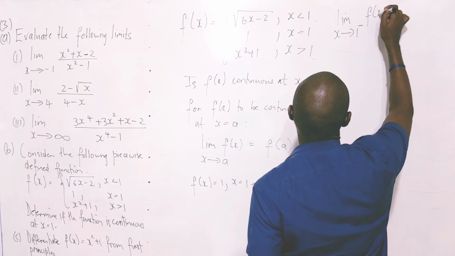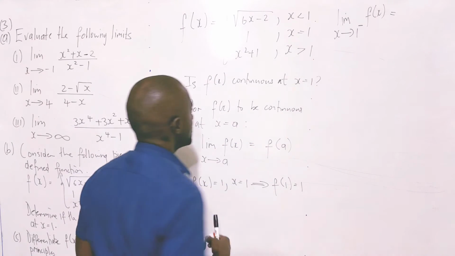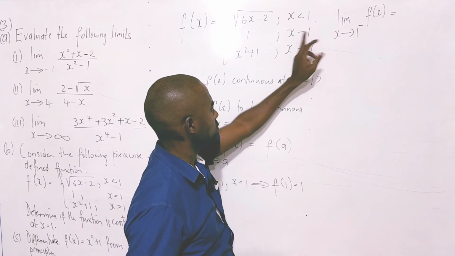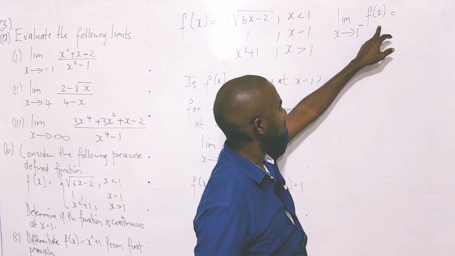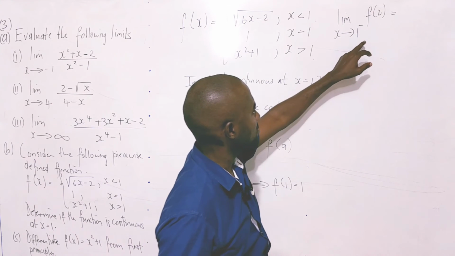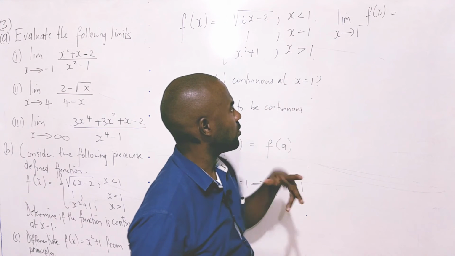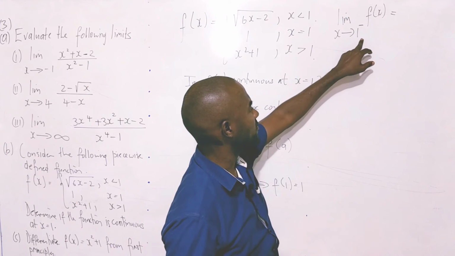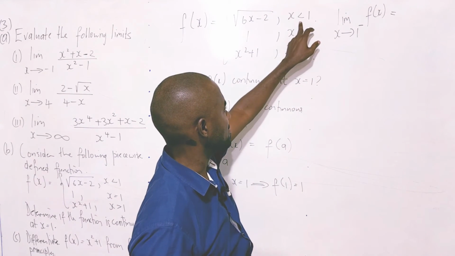Now let's examine the function and look at the domains: x less than 1, x equal to 1, x greater than 1. If we're interested in the left-hand limit, then we want the part of the function where we approach 1 from values of x which are less than 1.